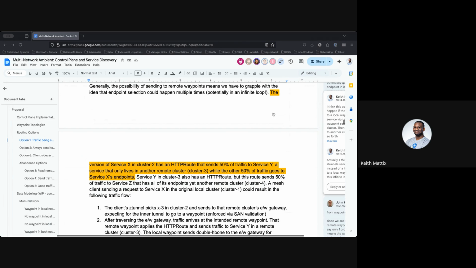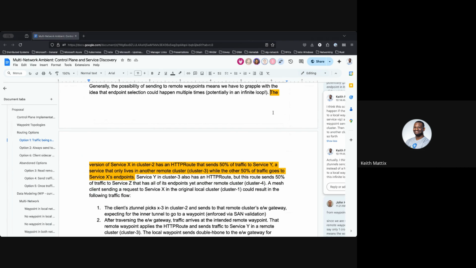But you see you've got a service that's deployed across multiple clusters, call it service X. Service X, we're starting with just 2 clusters right now, has endpoints X1, X2 in the local cluster, then endpoints X3, X4 in the remote cluster.